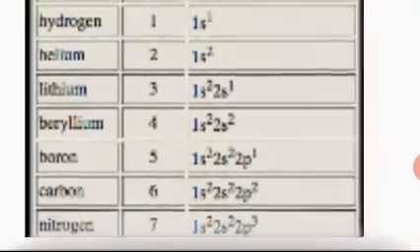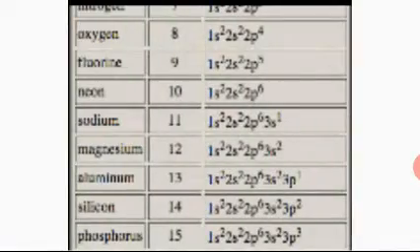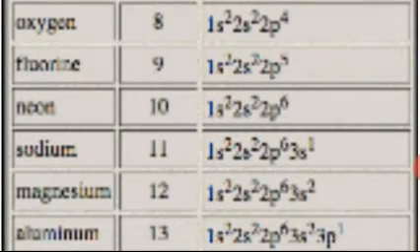We cannot write 1s2, 2s5, no. 3 electrons move toward p, so 2p3, and p has maximum capacity 6, so it can take 6 electrons, but not more than 6. Less than 6 is allowed in the p subshell.